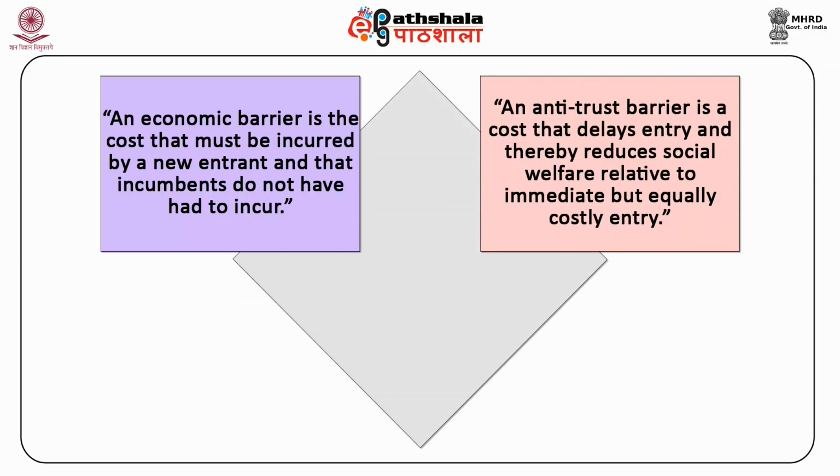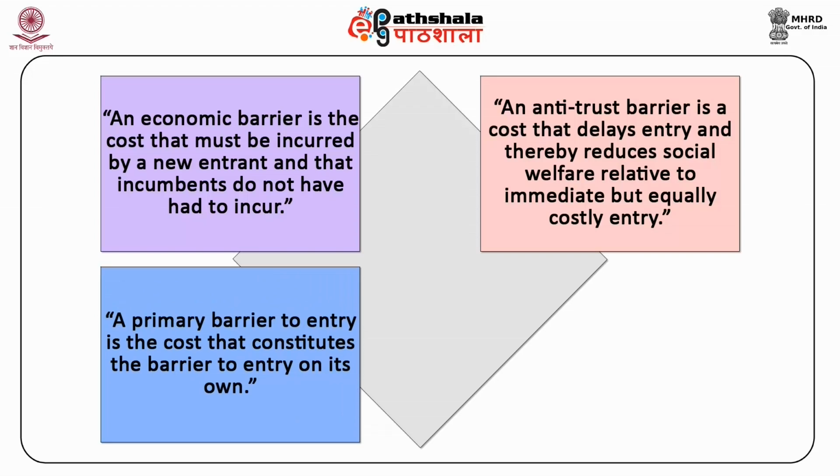An antitrust barrier is a cost that delays entry and thereby reduces social welfare relative to immediate but equally costly entry. Another definition given is that a primary barrier to entry is the cost that constitutes the barrier to entry on its own.